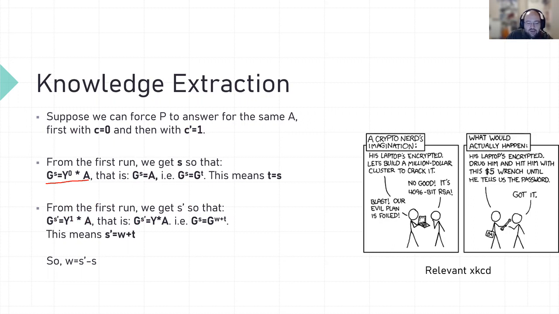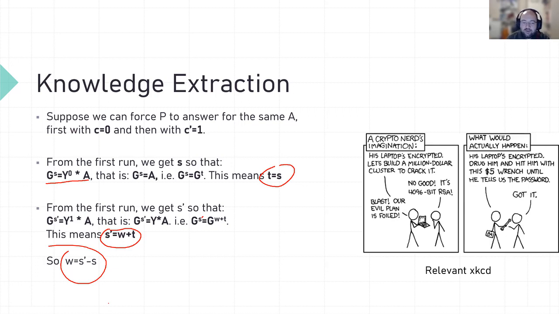So what we get is that g to the s prime equals y times a. And simply replacing y by g to the w and a by g to the t, we get that g to the s prime is g to the w plus t, which means that s prime is w plus t. So knowing that s prime is w plus t and t equals s, we learned that the witness we were after is actually w equals s prime minus s.